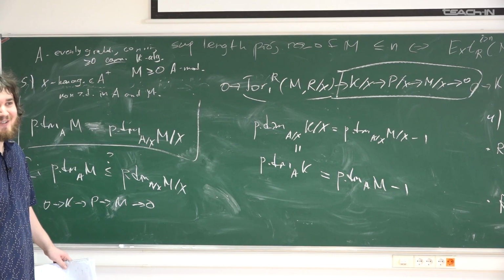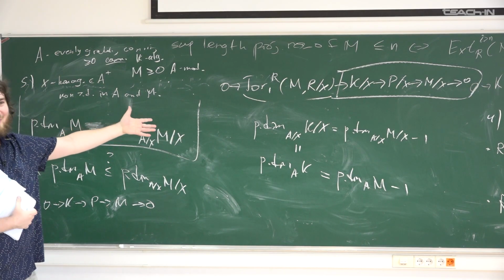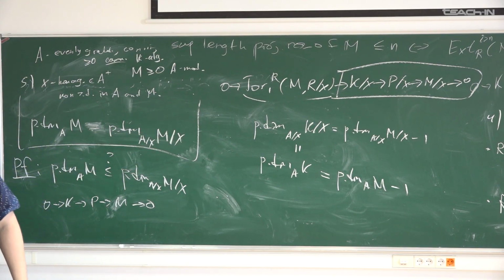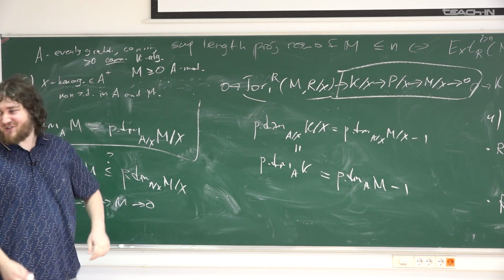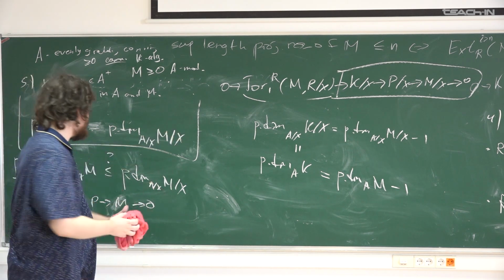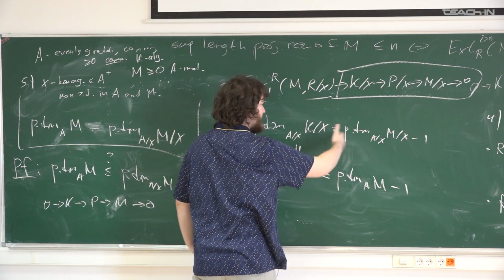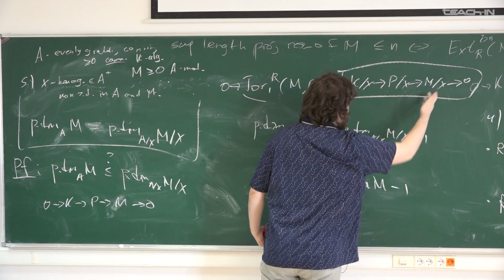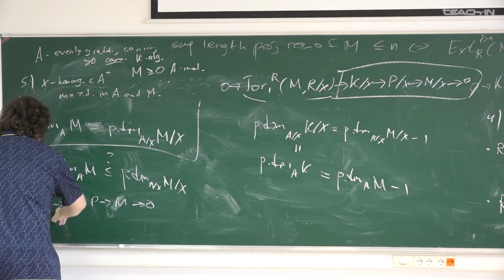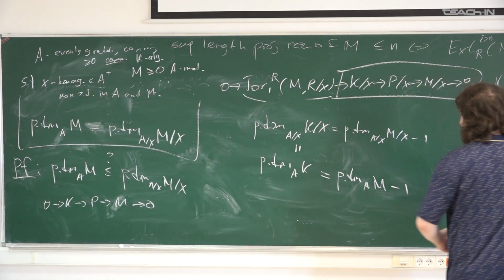A question: where did we use here that it's some special situation, because this works always. So maybe we obtain that this equality is always true. The short exact sequence, X is not a zero divisor: this projective dimension over A modulo X is one less than this, and over A the projective dimension is one less than this, and so we obtain equality by induction.